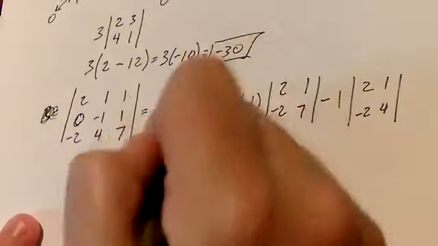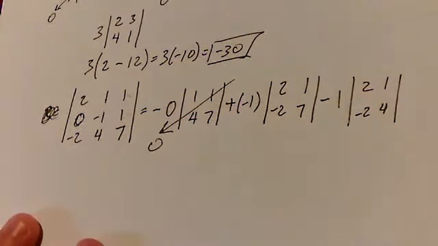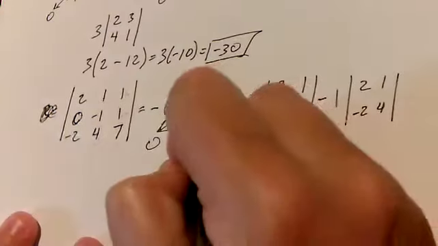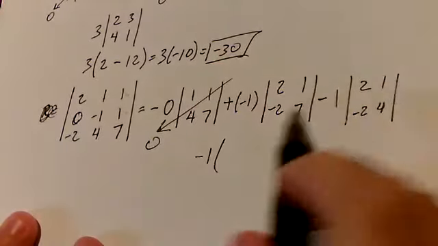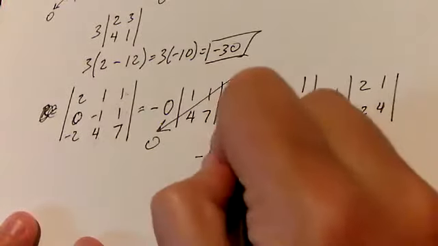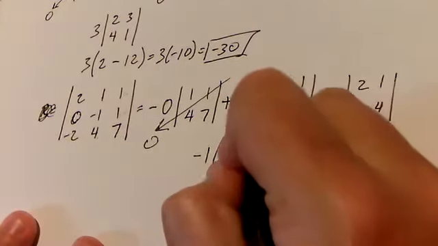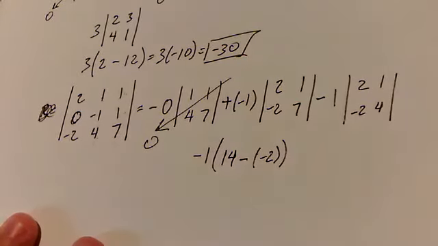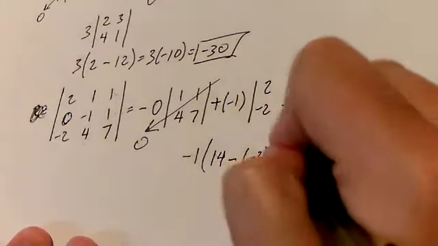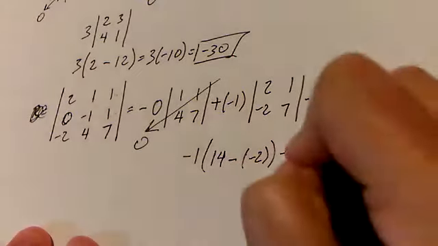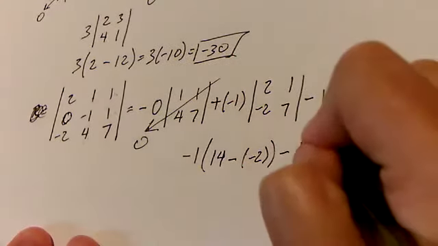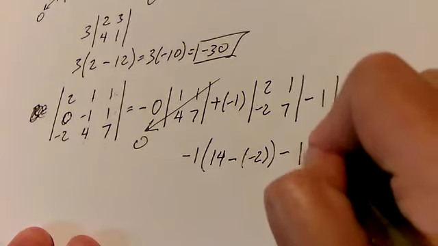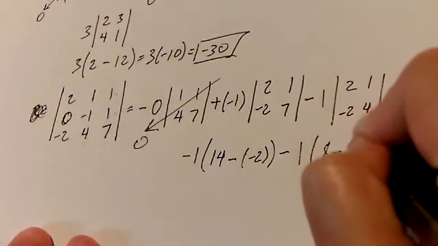Okay. So this is 0. 0 times anything is going to be 0. Okay. So I've got -1 times 2 times 7 is 14 minus a -2. Okay. Be very careful with your positive and negative signs. It's easy to get crossed up. Okay, minus 1, and then this one is going to be 2 times 4 is 8, minus a -2.